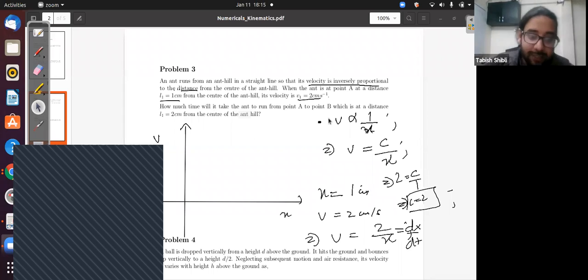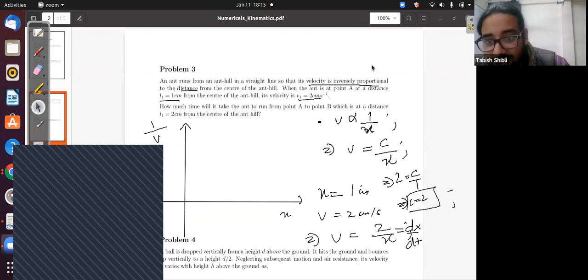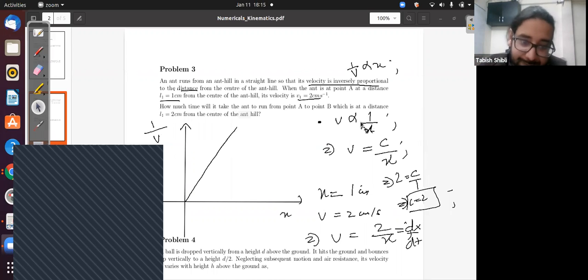But won't it be more useful to actually just plot 1 by v with x? Because 1 by v is proportional to x, right? So all you'll have will be a straight line. Yes, sir. Lovely. So essentially, you will have a straight line on which you're moving in this graph. So always think about plotting graphs also.